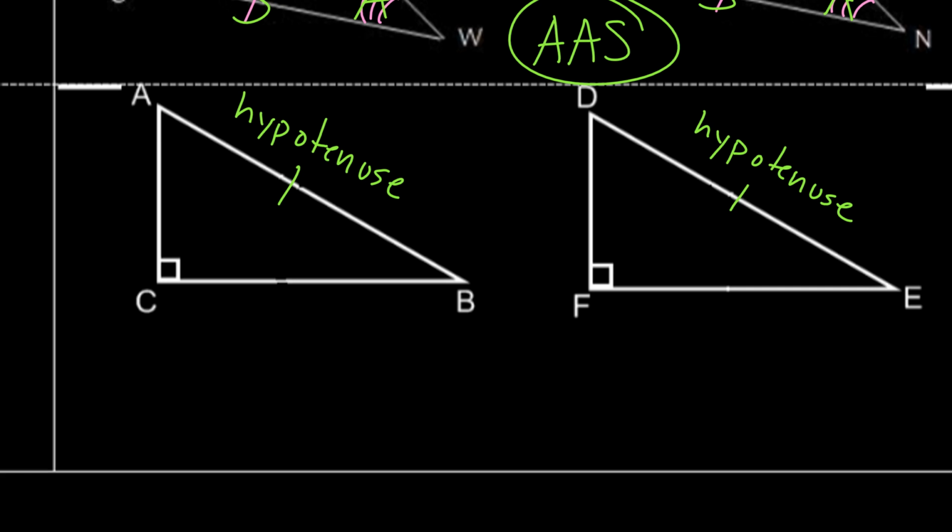So both the horizontal and the vertical sides are termed legs. So as long as one of these is congruent to another, this becomes hypotenuse leg. So I'll pick this leg here. So here we have a hypotenuse congruent to hypotenuse, a leg congruent to a leg, and of course it's a right triangle. Therefore, these are congruent by HL.